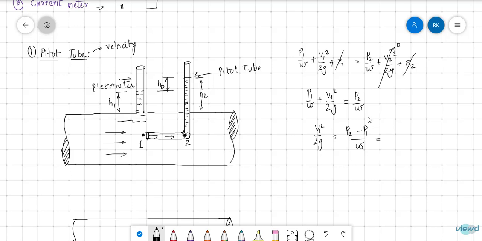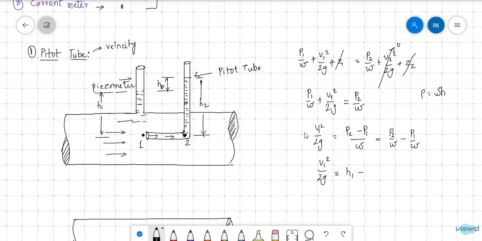This is not H1, this is not H2, it is from this point to this position. This is H1 and H2 is from the center. So P2 by W minus P1 by W. Since P is equal to WH, P by W is H. So how much the liquid is raised in the piezometer? It is H1.